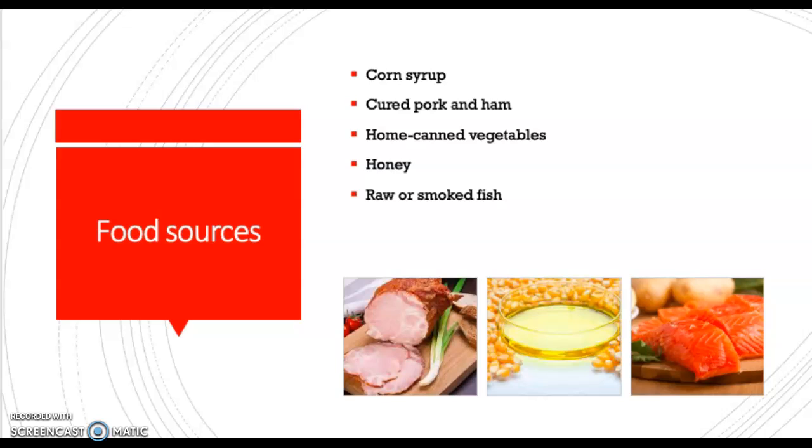So food sources. These are the most common tainted food sources that are caused by the botulinum toxin. This includes corn syrup, curd, pork and ham, home canned vegetables, honey, as I mentioned in the last slide, and raw or smoked fish.